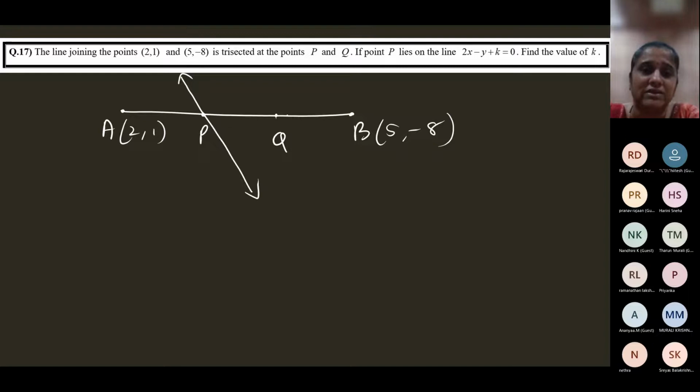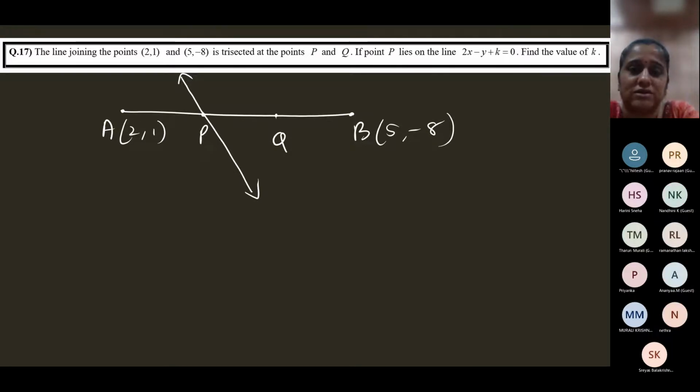That means AB and that line intersect at P. P lies on AB because P is one of the points of trisection of AB. But it is given that P also lies on 2x minus y plus k is equal to 0. How can P also lie on another line when it lies on AB? That means P is the point of intersection of that line and AB.